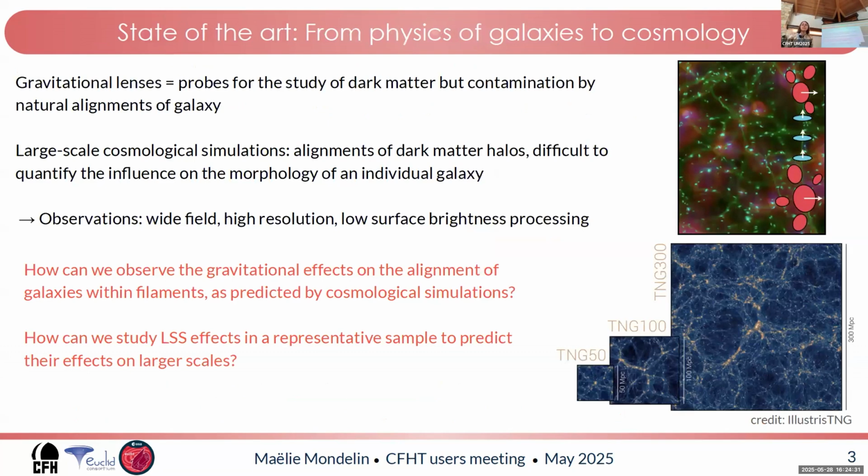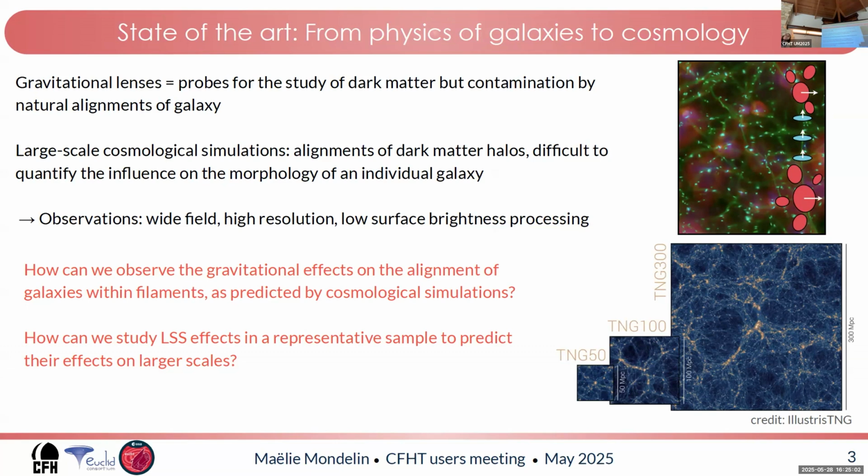And these questions are important for galaxy evolution, but also for cosmology, because we know that the cosmic web can influence the orientation of galaxies in the cosmic web. And this phenomenon is a contaminant for weak lensing and for cosmological measurements. So that's why we need to measure this alignment not only on simulation, but on observation.